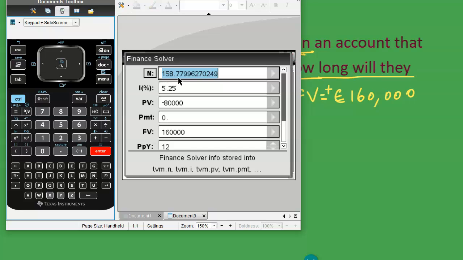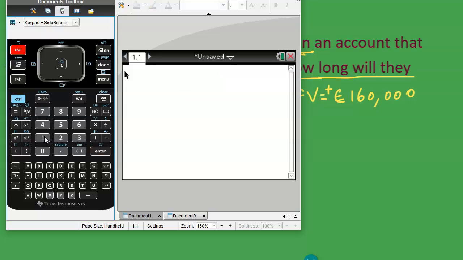Okay. And 159 months, I have to convert this into years because I don't want to give 159 months as my answer. Therefore, I have to divide by 12. 159 divided by 12 is 13.25, which means 13 years and 0.25 year. That is 1/4 year, and 1/4 year is 3 months.